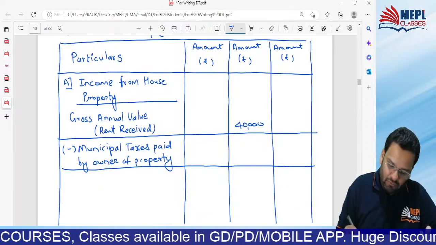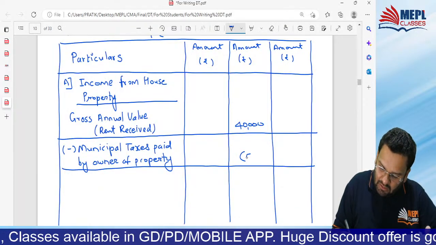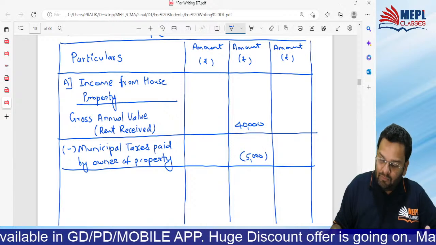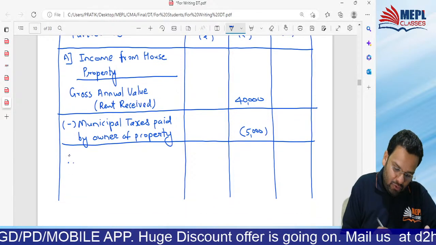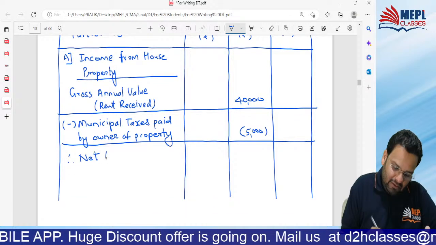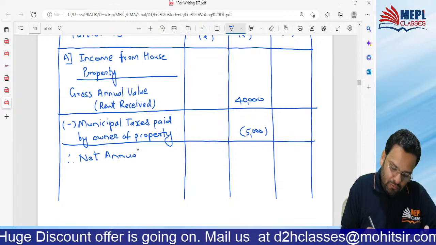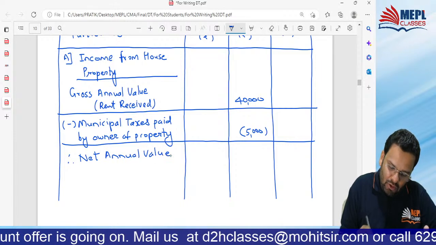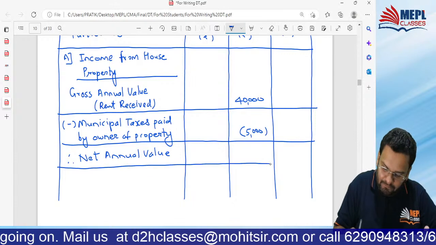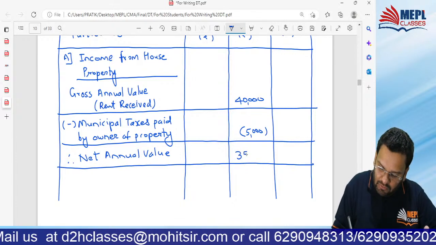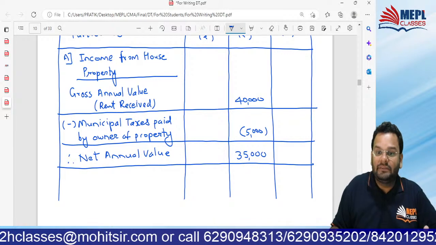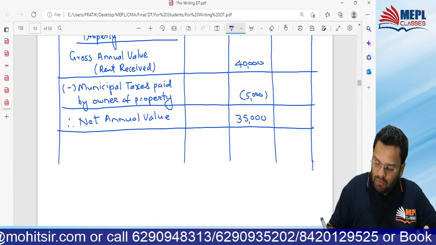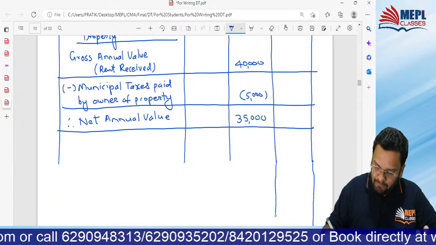So take that 5,000, deduct it, and you will get net annual value. So what is net annual value? Net annual value will be 35,000. Agreed? Net annual value will be 35,000.